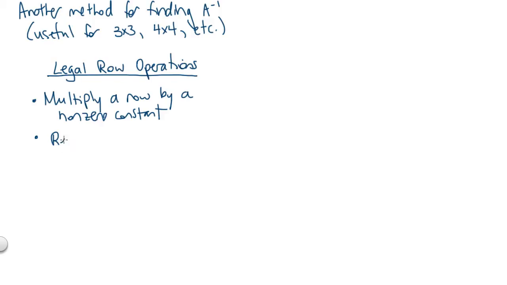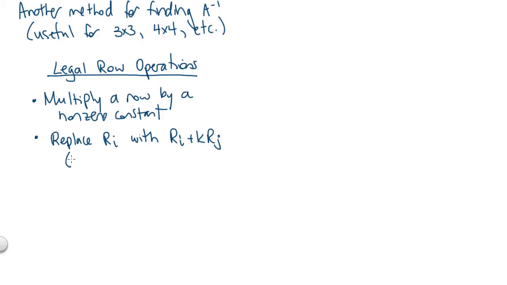We can replace a certain row of the matrix, let's say row i, with itself plus a constant times another row. So in general, we could say we can replace row i with row i plus k times row j.